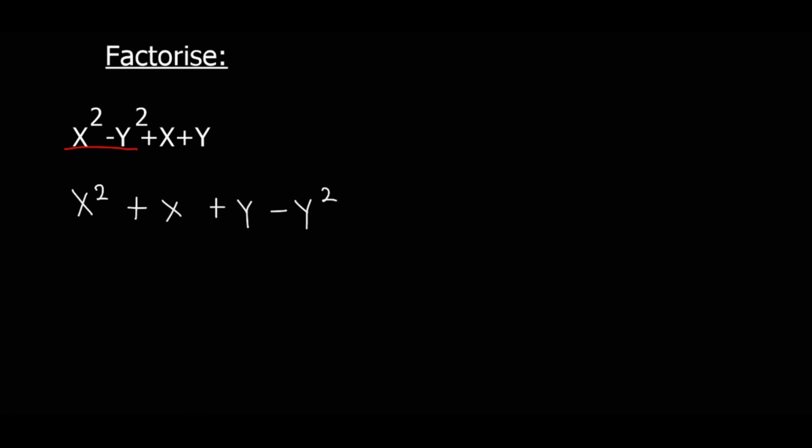And then from here we take x as a common factor, and then we remain with x plus 1, and then we look for a common factor in the other terms, and the common factor is y, and then from here we have 1 minus y.